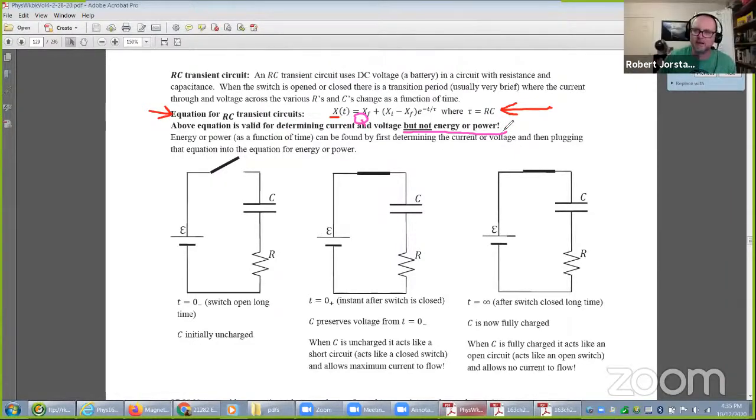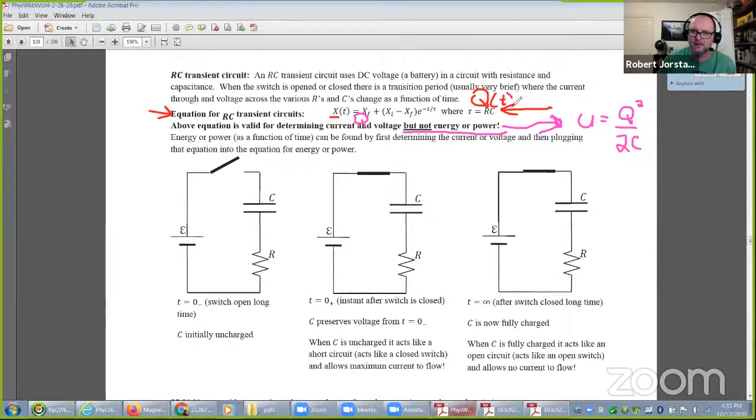That's it. And in fact, do you agree that you can actually use it for energy or power if you use the equation U equals, say, Q squared over 2C? The idea is you use this red equation to solve for Q as a function of time, and then you could plug it in there, and in that sense, you could even use it for energy and power.